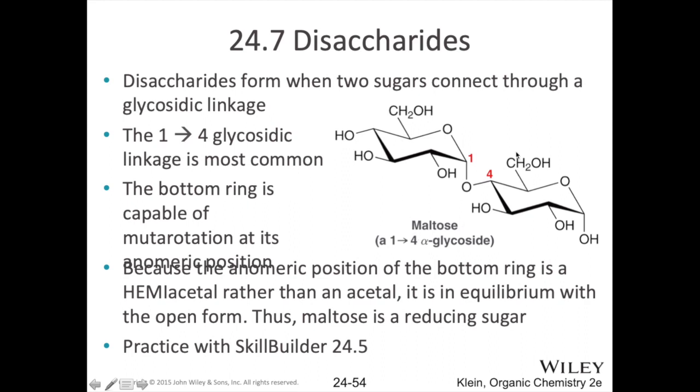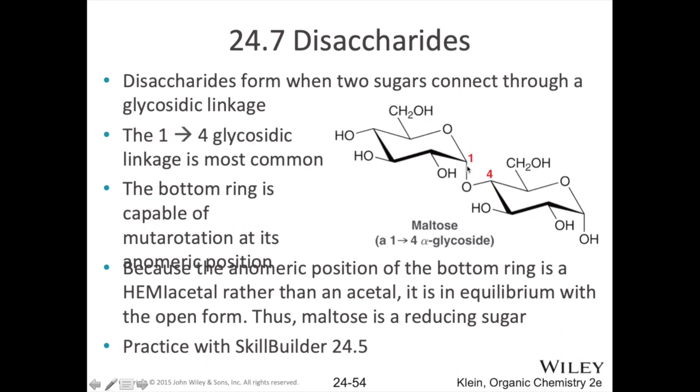Now, here we have maltose. Maltose is a common example of a disaccharide where we have 2 glucose molecules linked together through this 1,4 linkage, specifically through a 1,4 alpha glycosidic linkage. Okay, so what that means is that the alcohol group coming off our anomeric carbon in the original electrophilic monosaccharide was an alpha anomer.